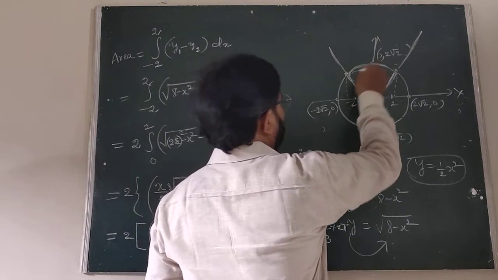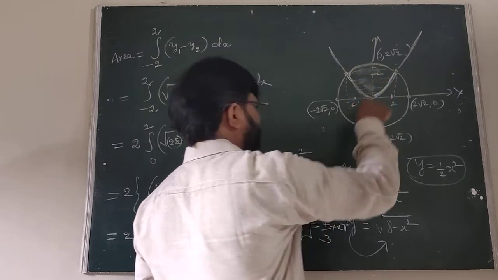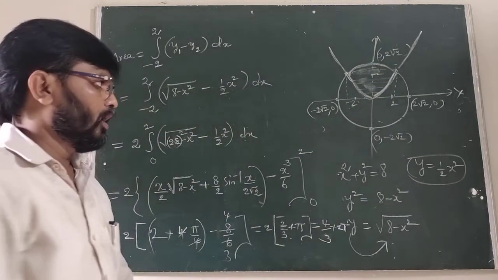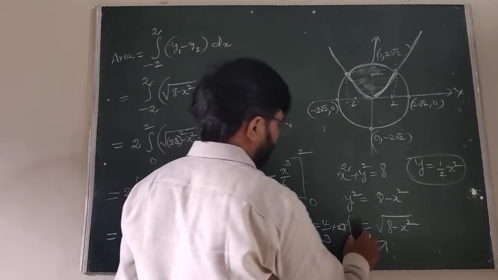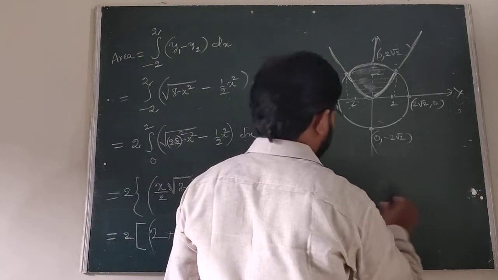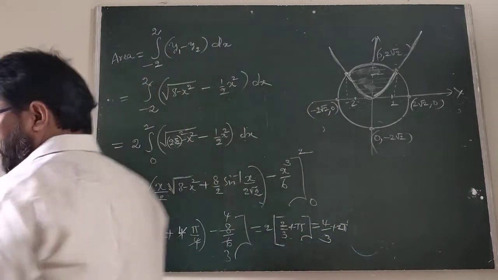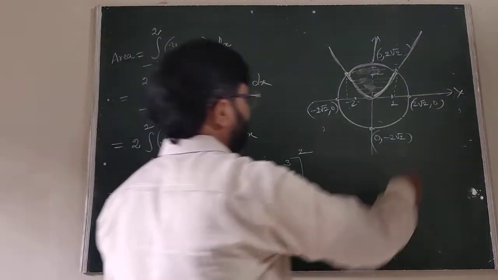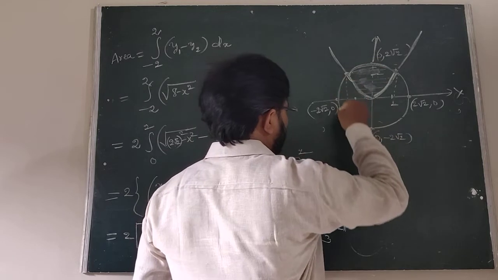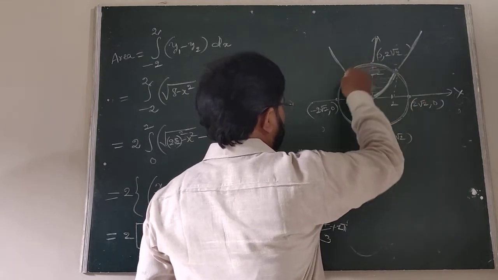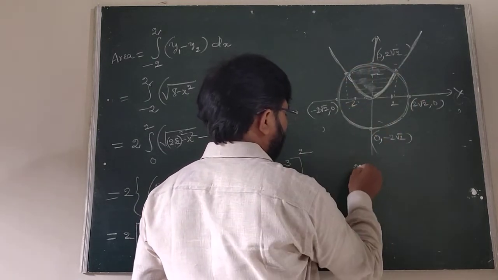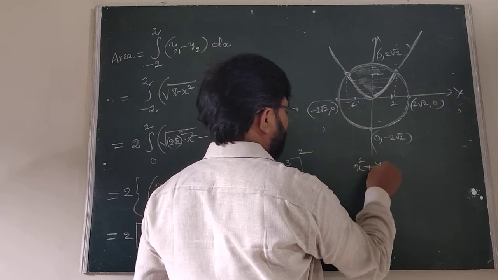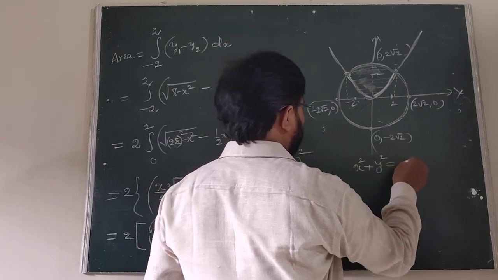Now we have to find the other part area. How to find it? The given circle is x square plus y square equal to 8. Therefore, the equation of the circle is x square plus y square equal to 8.